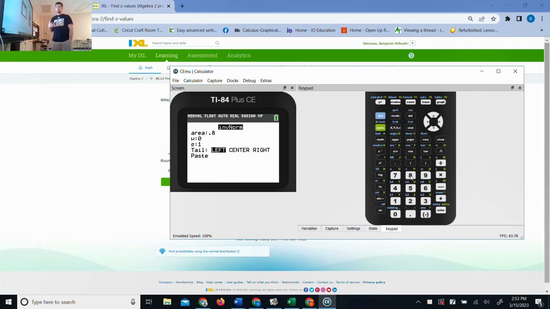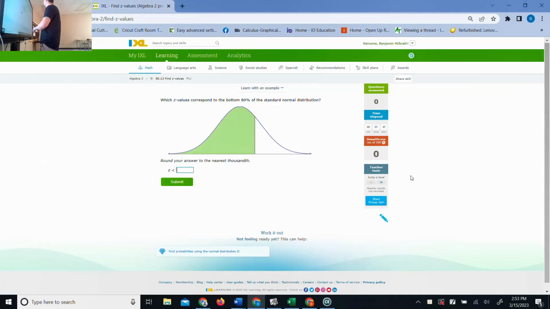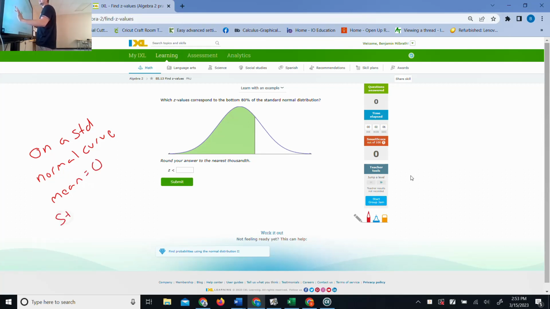On a standard normal curve, the mean is 0 and the standard deviation is 1. I'm going to write that down. That's worth writing, because you might be like, why is he using 0? Because I am. The mean is 0 and the standard deviation is 1, so I get to use zeros and ones.